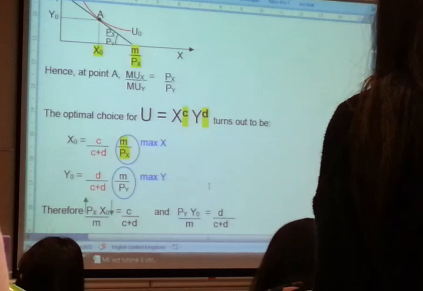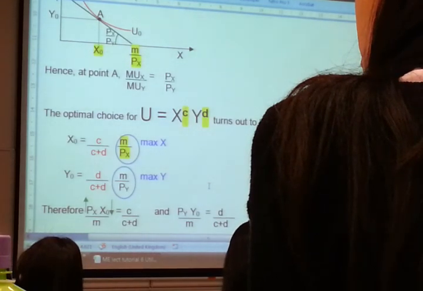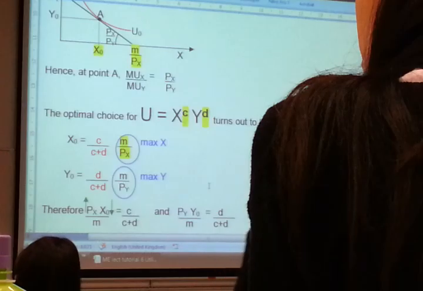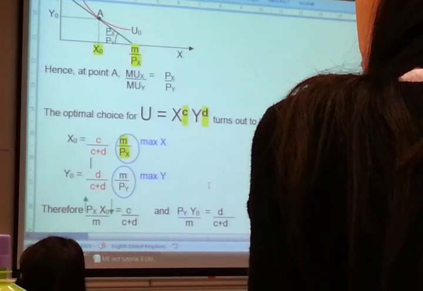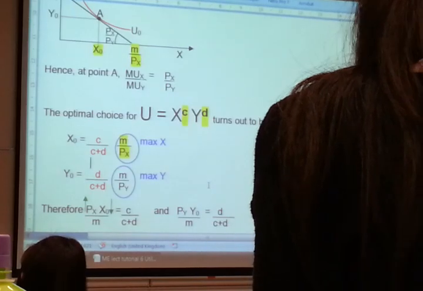The fraction is determined by that exponent. Now from here, if you bring this ball to the left hand side, you'll get this equation. Bring this here, you get here.